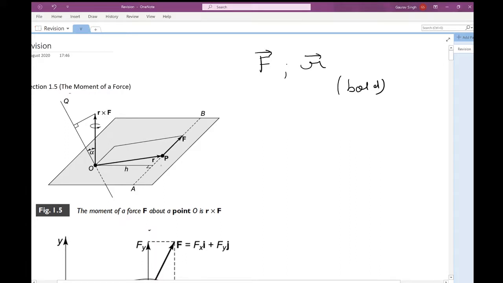There's a point P on which you have a force F acting, and there is also a point O which is fixed in space.